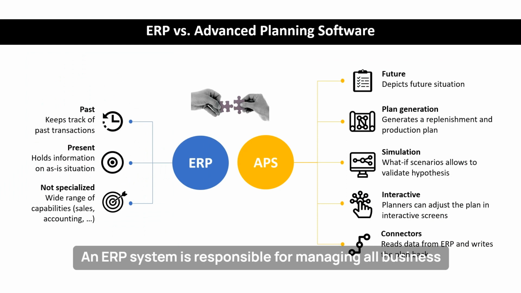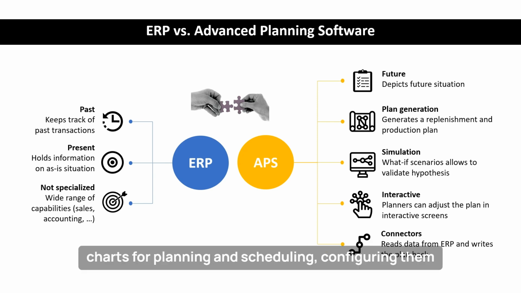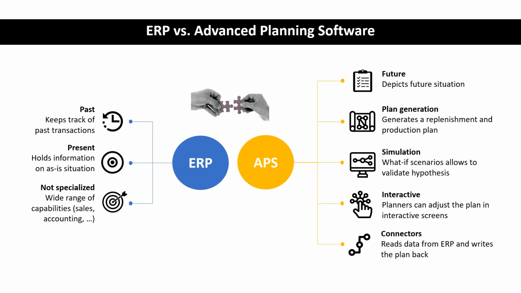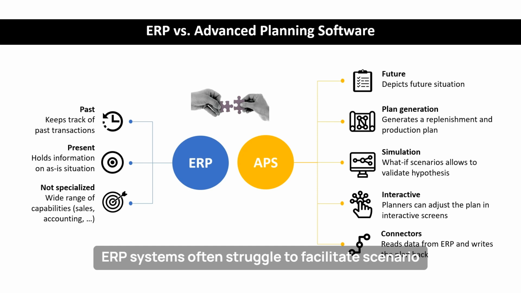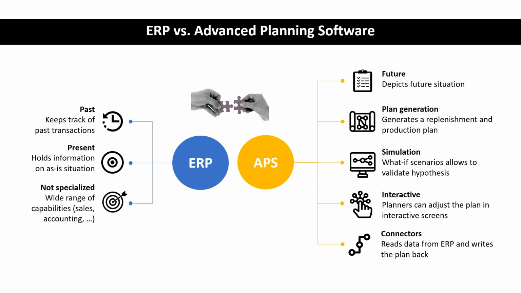An ERP system is responsible for managing all business processes. However, while some ERP software solutions offer Gantt charts for planning and scheduling, configuring them can be challenging as they are not specially designed for this purpose. Additionally, ERP systems often struggle to facilitate scenario analysis, since creating hypothetical resources within a live system can be complex.